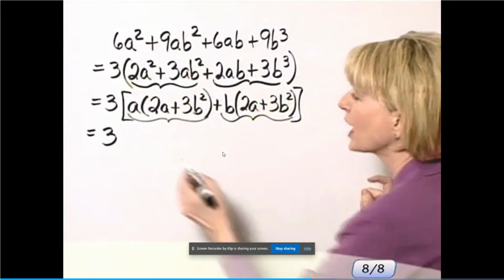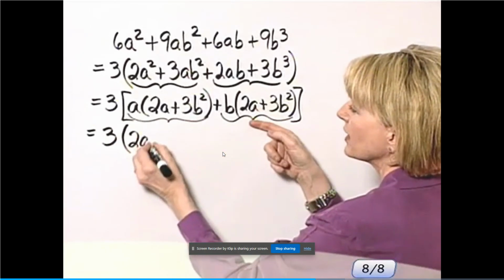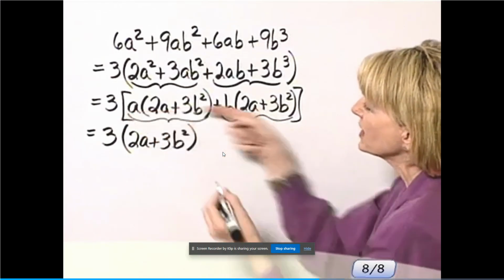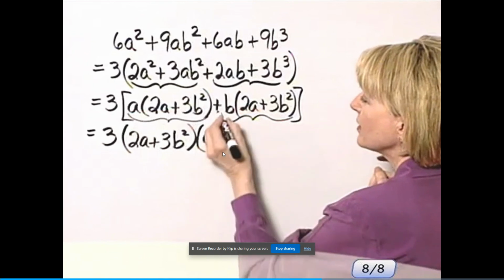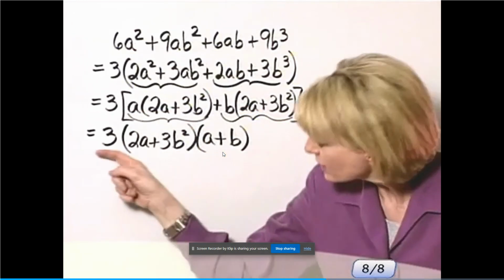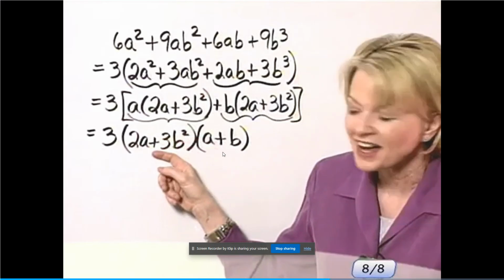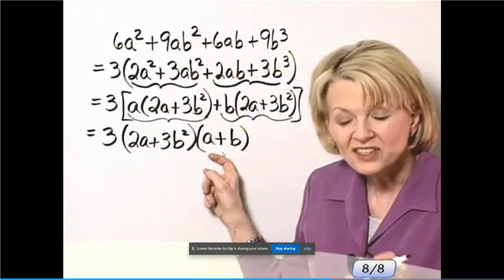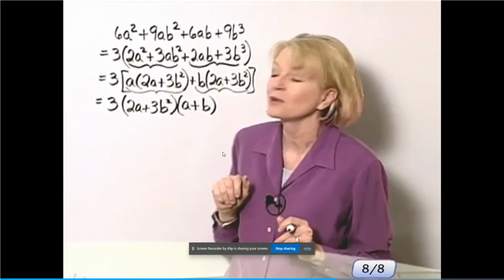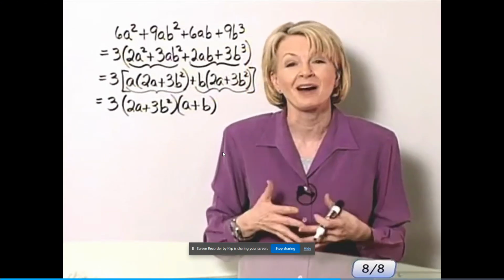Notice there is a common factor here in these two groupings of 2a plus 3b squared. When I factor it from here, I have left a, plus when I factor it from here, I have left b. So now I factored, I have 3 times this binomial times this binomial. You can check by multiplying and you should get the original four-term polynomial. That's how you factor four-term polynomials by grouping.